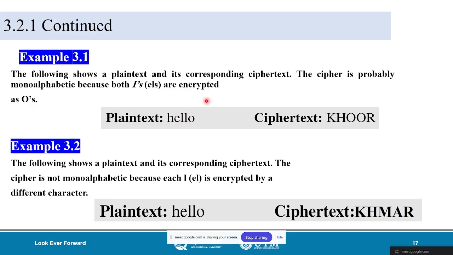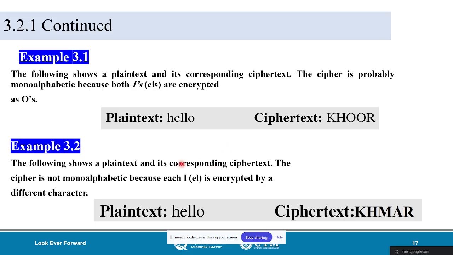Now you see the corresponding ciphertext. The cipher is probably monoalphabetic because both L's are encrypted the same way. We have HELLO, and if you take a look at LL, here we have OO.